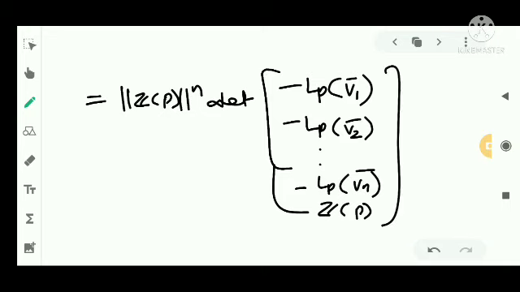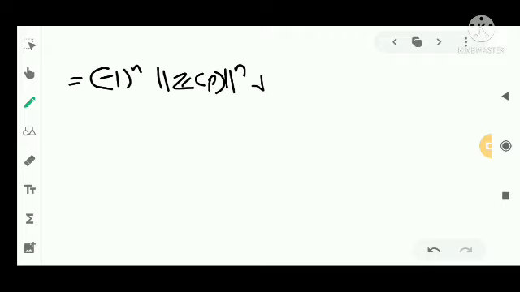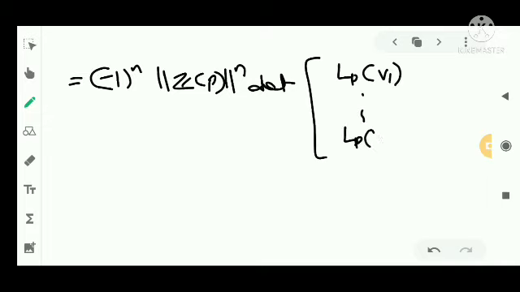So the first n rows have minus 1 common, so we can take it outside by the property of determinant. We get minus 1 all raised to n, norm z of p all raised to n into determinant of LP of V1, etc. LP of Vn and z of p.